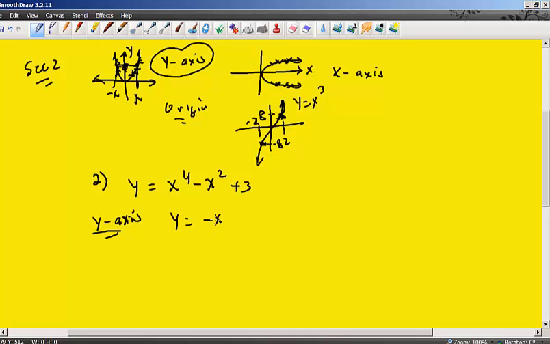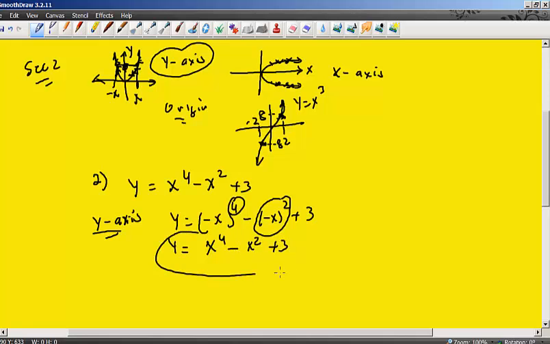So let's put in negative x in place of every x, and simplify, clean it up. When I raise negative x to the fourth power, I'm still going to get x to the fourth. When I raise it to the second power, I'm going to get positive, so negative x to the second plus 3. And this is the same as that. Since it's the same, we say yes to symmetric to the y-axis.